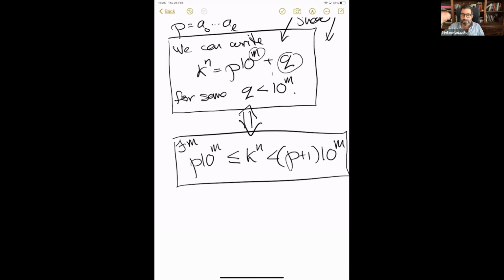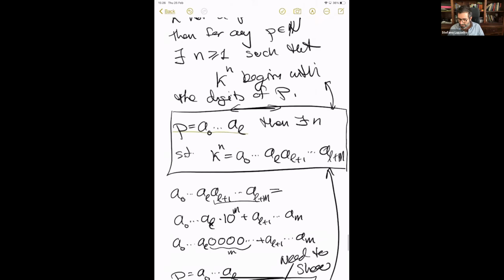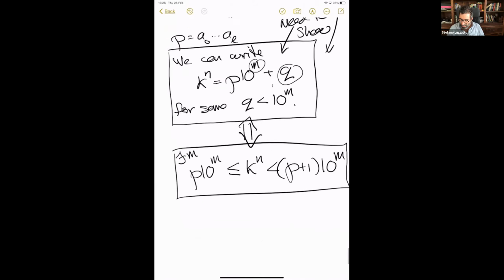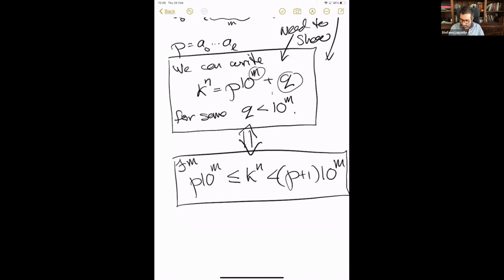So what we've shown is a series of equivalent steps, right? We started with the statement of the proposition and shown that it is equivalent to this. It's just saying, if we can show that there exists an M such that K to the N, where what we're given is K and P, so if we can show that there exist M and N such that this is true, then we would be fine, right?